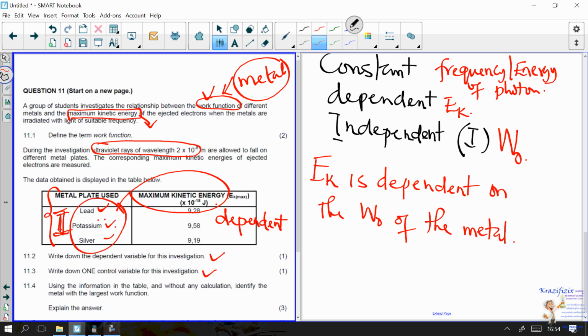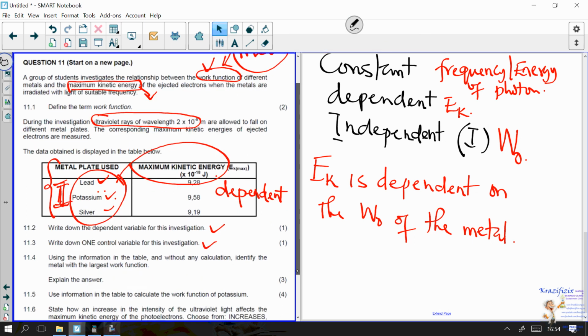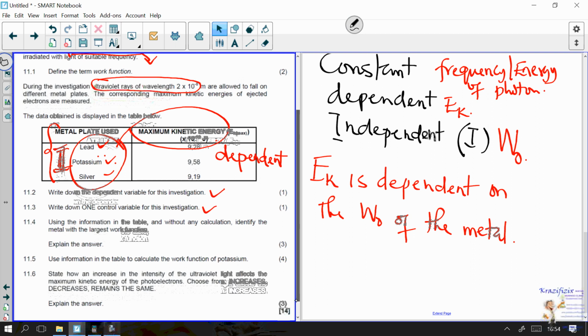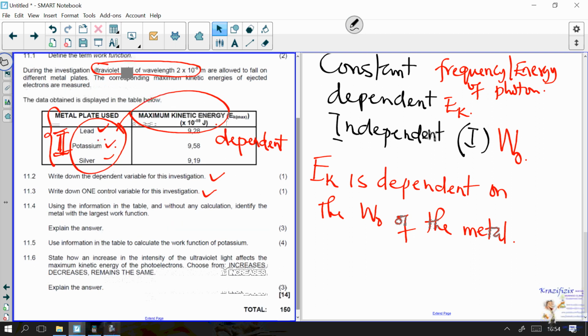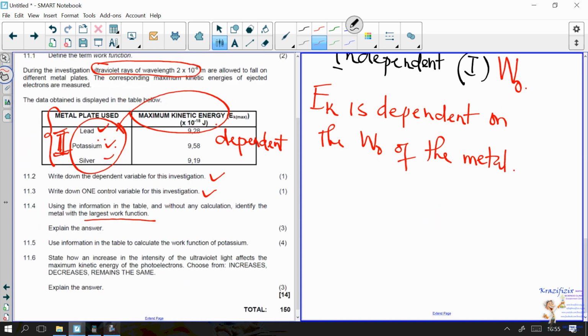Now, using the information in the table and without any calculation, identify the metal with the largest work function. Let me explain this. We don't have to write all the formulas here, but I need you to know this. E equals work function plus kinetic energy.